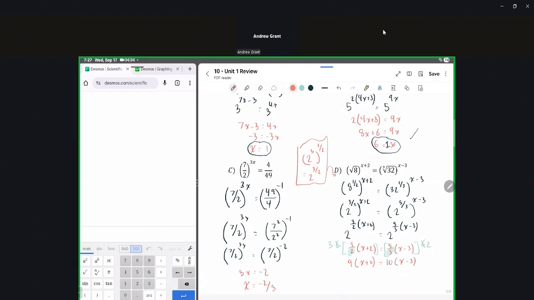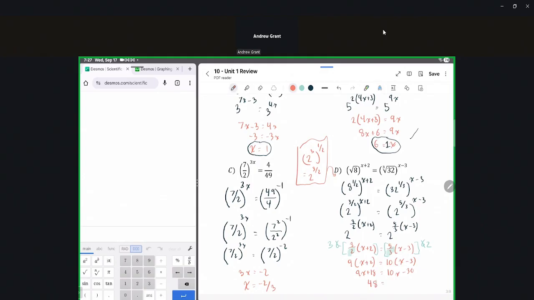So now we can go ahead and expand this out. So 9 times x is going to be 9x plus 18. 10 times x is going to be 10x minus 30. We're going to collect the number terms on the left side. So to get rid of this negative 30, we add 30 to both sides. So this becomes 48.